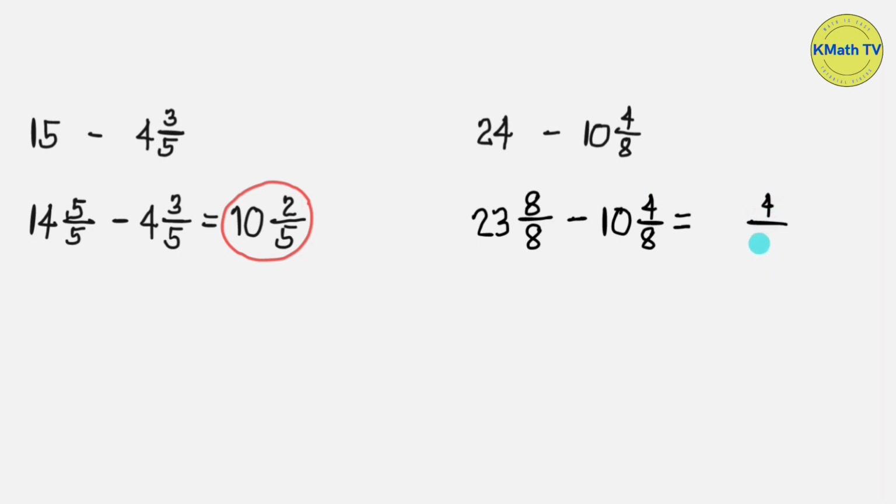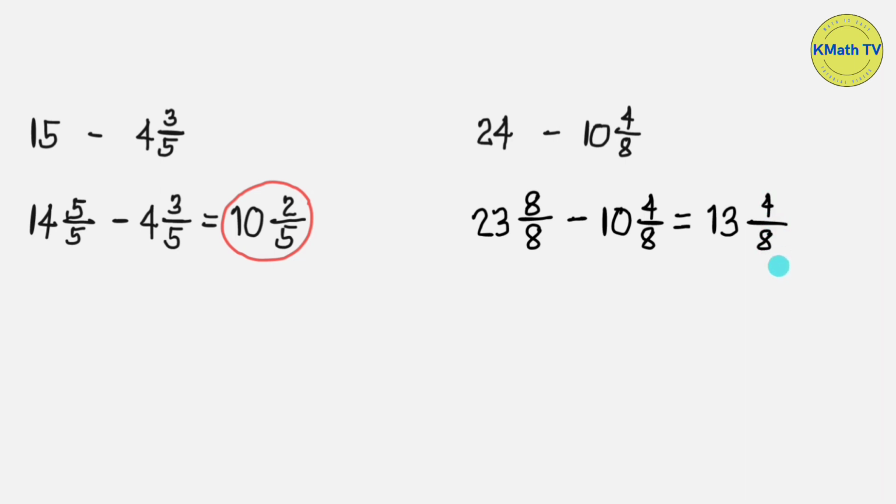And copy the common denominator, 8. Then, subtract also the whole numbers. 23 minus 10 equals 13. Okay, the answer is 13 and 4/8.